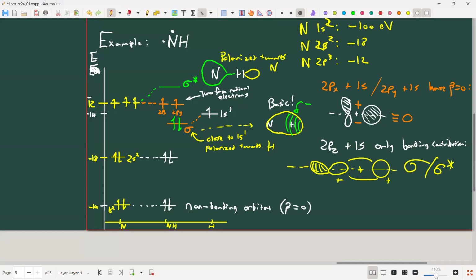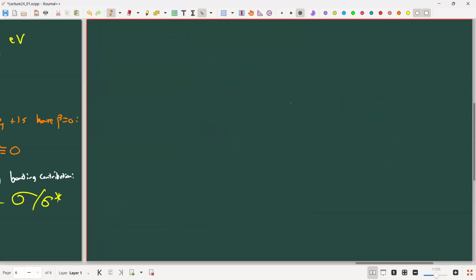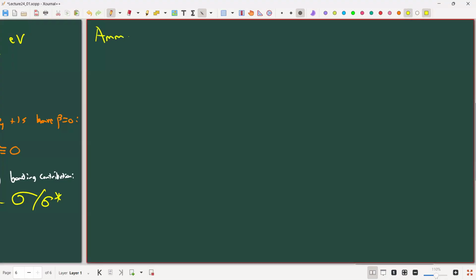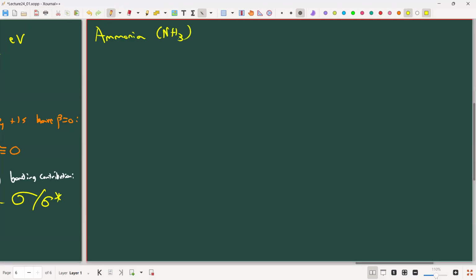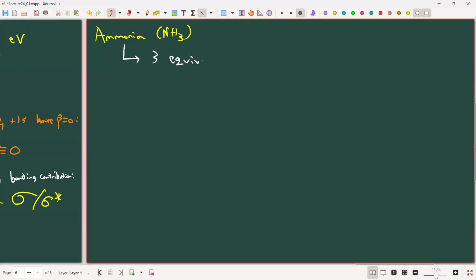So what do we know about ammonia? The most important thing about ammonia that we can take advantage of is that each of the hydrogens is exactly the same. Right? So we know that these are three equivalent NH bonds.